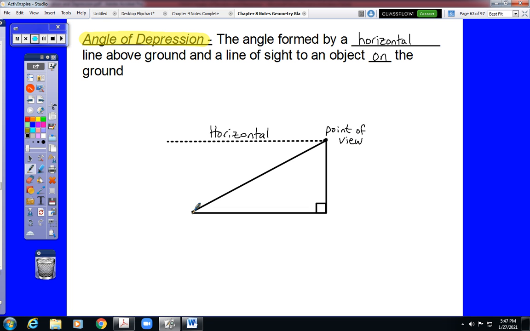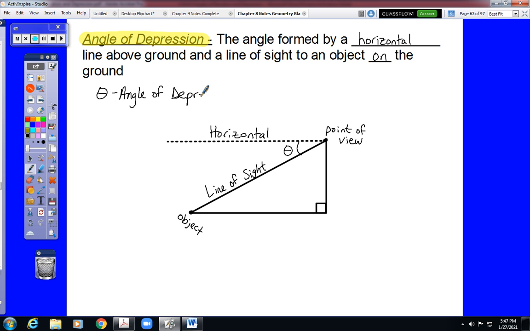The object would be below where we are viewing it from, which still leaves the line of sight as our hypotenuse. So the angle of depression, which again I'm going to label with theta, is between that dotted line and the hypotenuse.